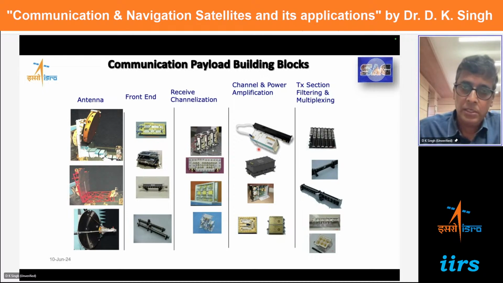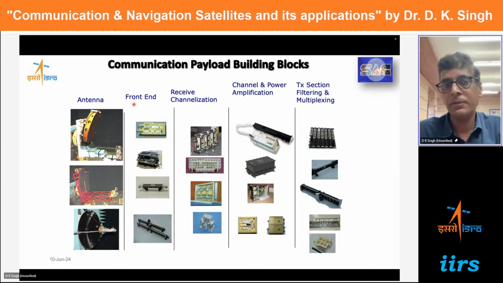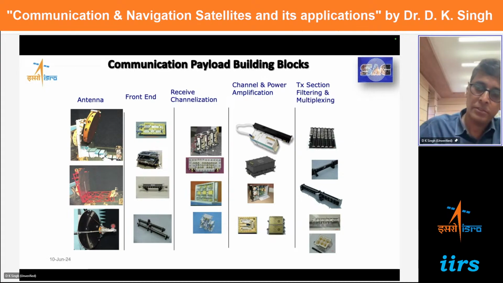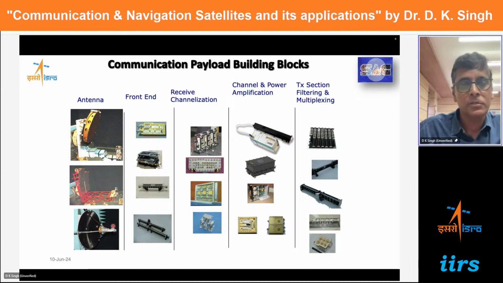Now if you look at the hardware which goes inside, there are different kind of antennas which are used. Then antenna delivers the signals to certain set of hardwares like receivers, low noise amplifiers, filters, and finally we power amplify it and again combine all the signal and send it back to earth through antenna again.